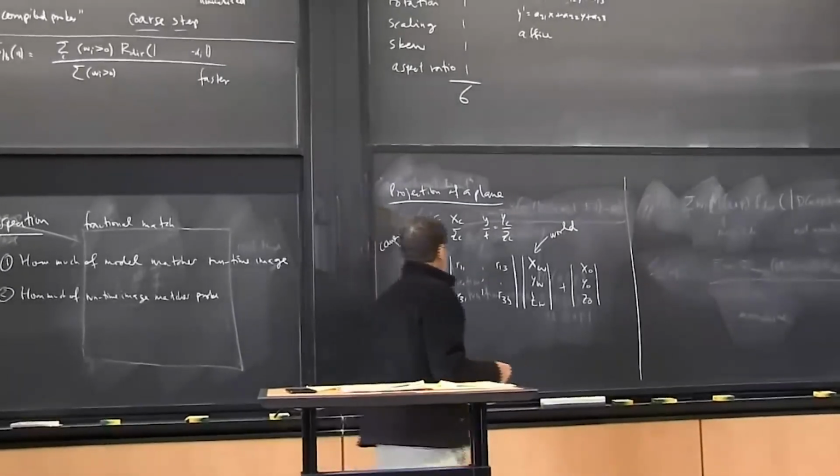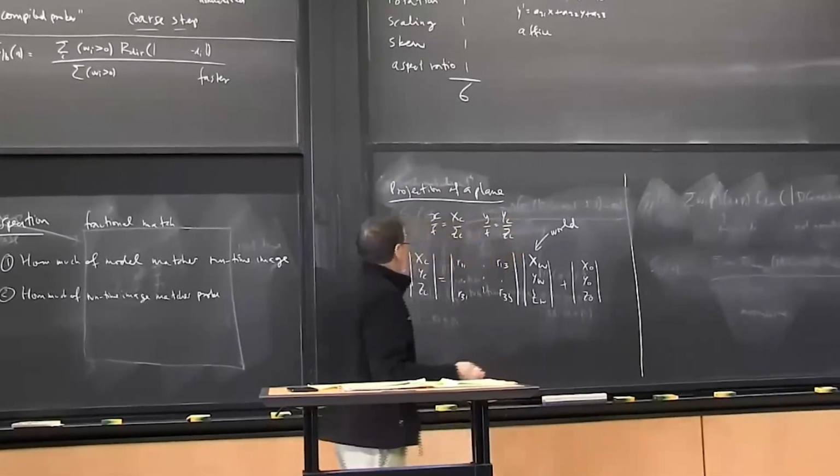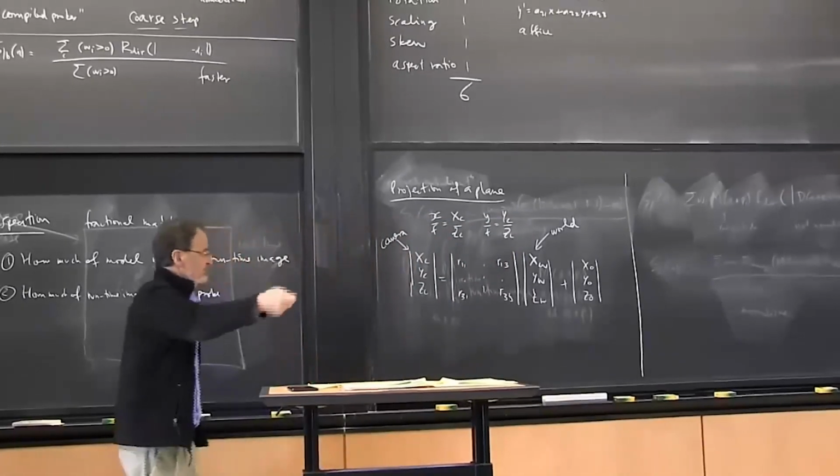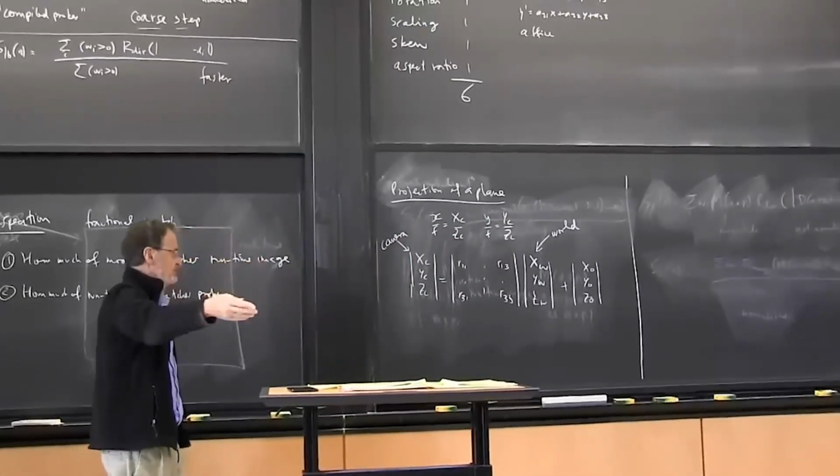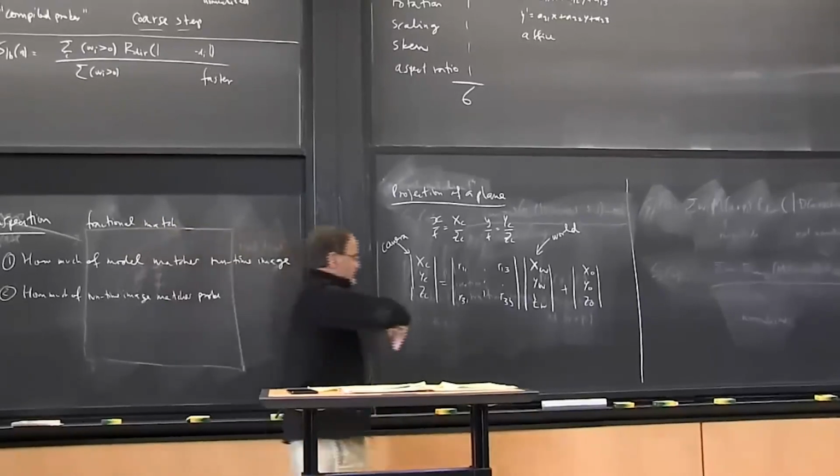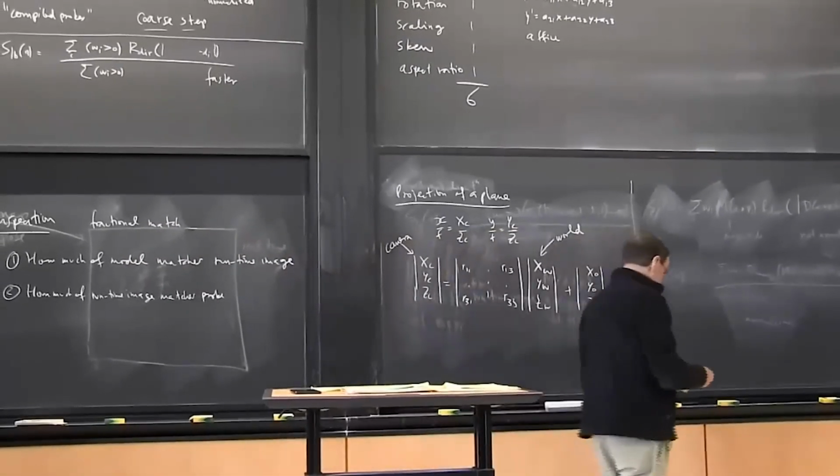Okay, now what I want is the transformation from world coordinates, you know, object coordinates, to image coordinates. And so I'll combine these two.